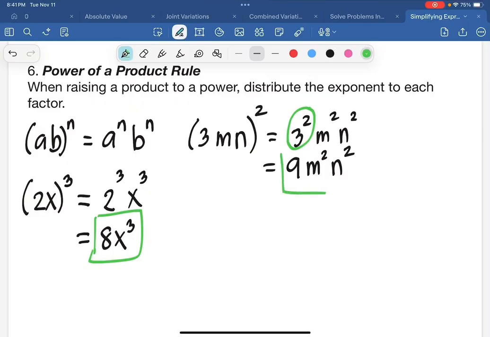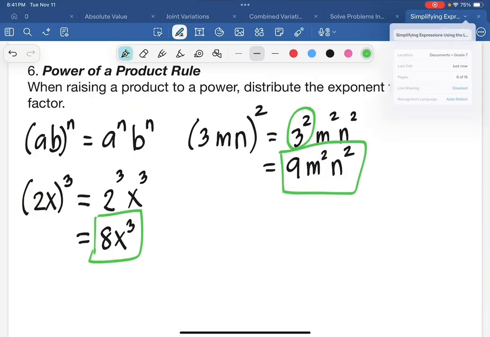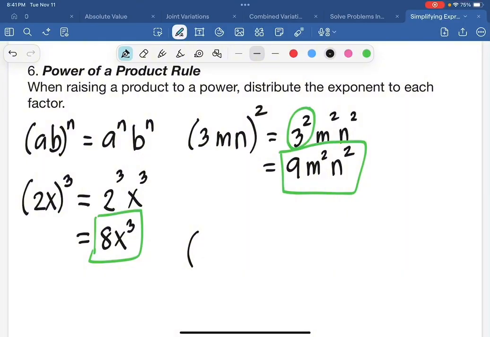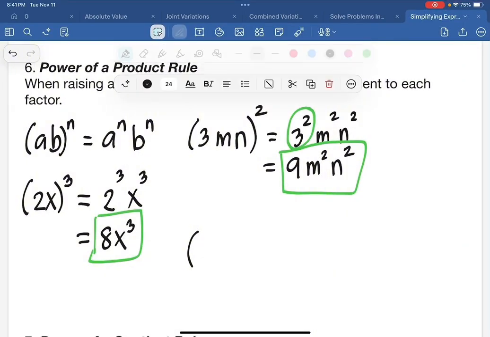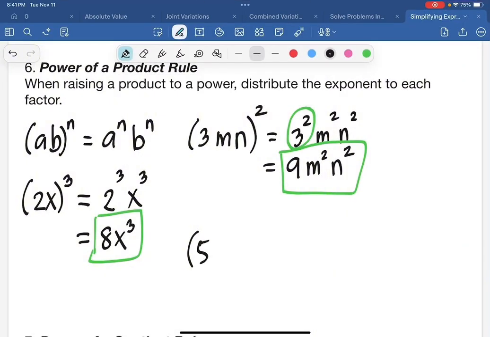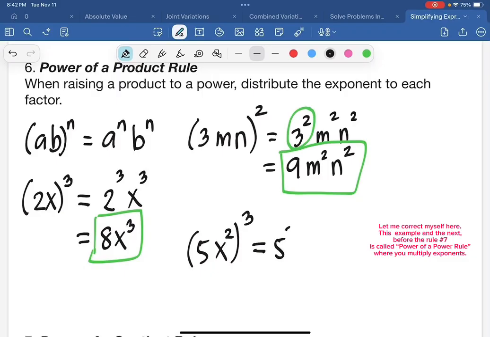So that's it. Now, what if we are given something like this? I'm going to use (5x squared) cubed. So obviously, based on the previous examples, you could just have 5 cubed.